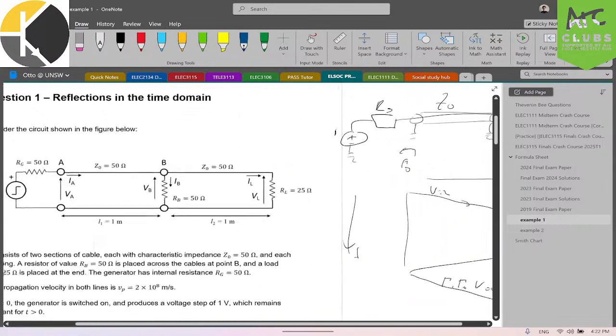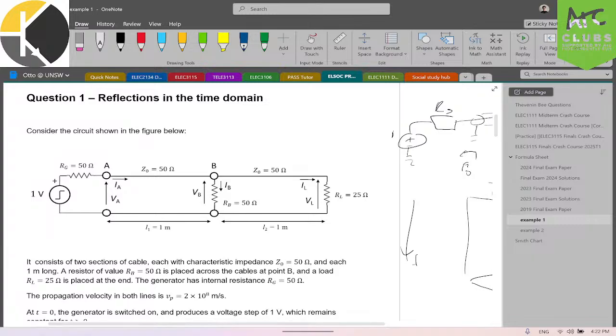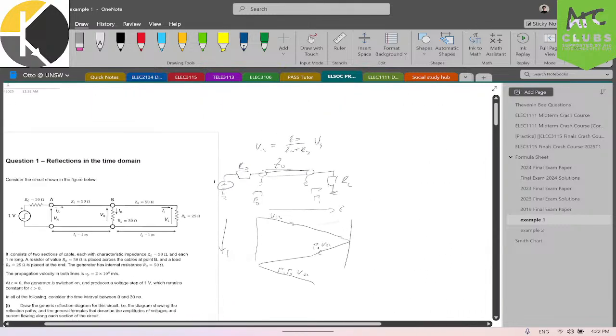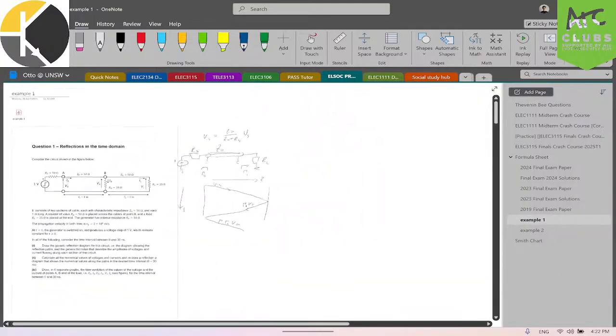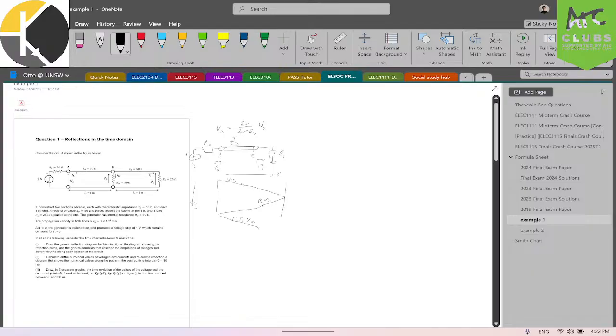This question is slightly different because here you have two interfaces. You have two cables with some kind of discontinuity between them. So you will have two sections where you can reflect stuff. I will quickly draw this again. So here you have two cables.